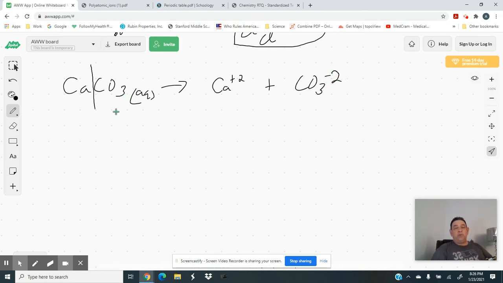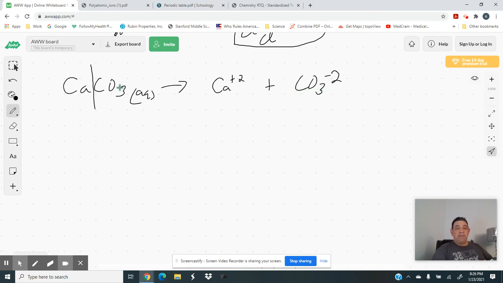The tough part is that people usually ask, how does that work if I've got three elements? How do we break it up into two ions? Well, one of the ions has more than one element in it. This is a polyatomic ion, so carbon and oxygen together make up the whole ion.